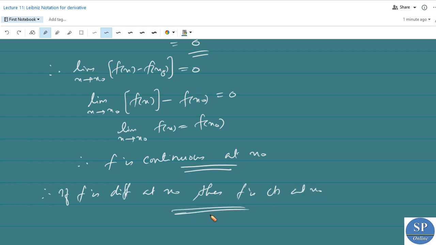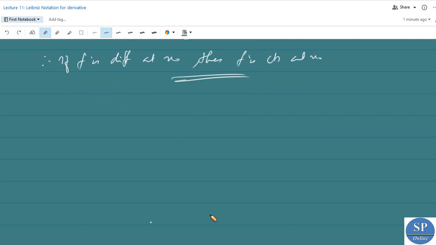Now the converse of the above theorem is not true. That is, continuity of a function at a point does not imply differentiability at that point. That means f is continuous at x naught does not imply f is differentiable at x naught.